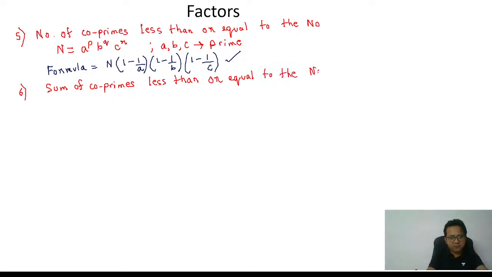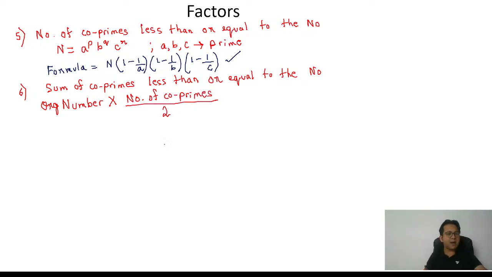This is given by the original number into number of co-primes divided by 2. And how do you get the number of co-primes? You will get it from the previous formula. So please try to recollect. You cannot forget these formulas on the day of your exam. Got it? Fine. Let's look at the next one.